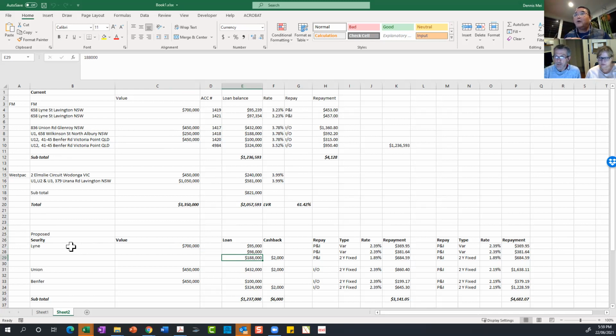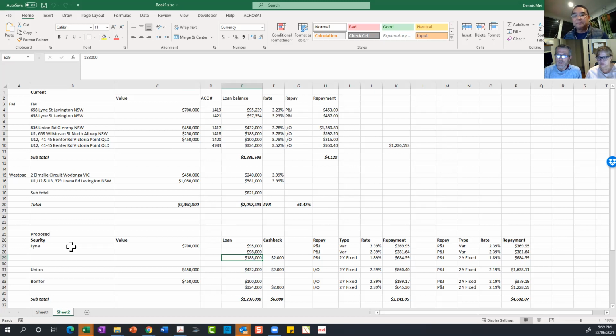Okay. Yeah, if you want to do that, it's okay. Then we can leave Wilkinson Street in the picture. That's not a problem at all. I thought, generally speaking, we recommend giving the bank as little security as possible. There's no point giving them more than required. But if you want to secure this 188,000 against Wilkinson Street, that's okay.